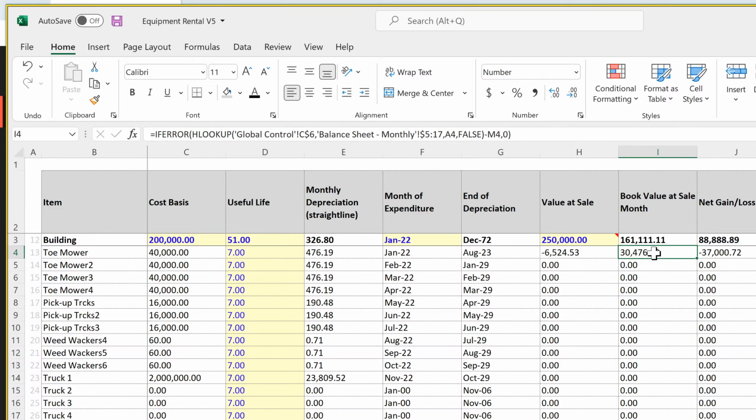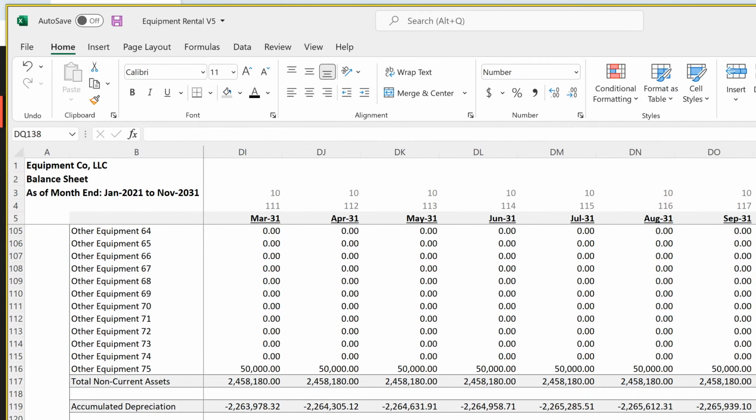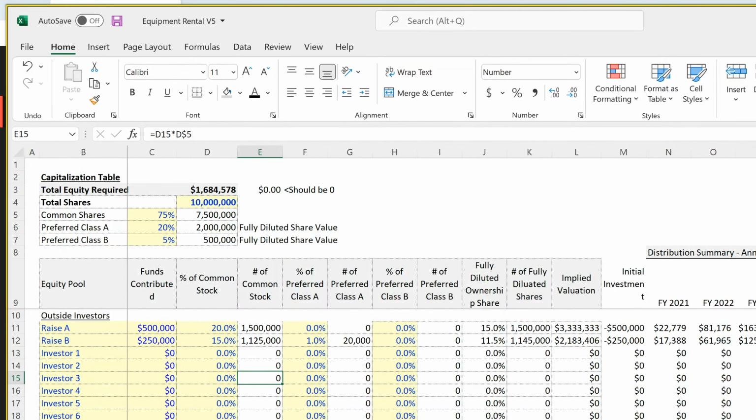This should be pulling the value on the balance sheet on the last month. So how is this negative? Machinery 1. Yeah, I think it's pulling this, so it's a HLOOKUP. So that's an easy fix.